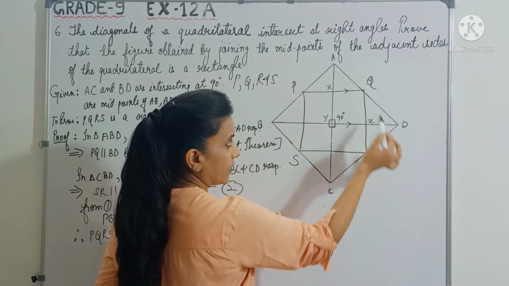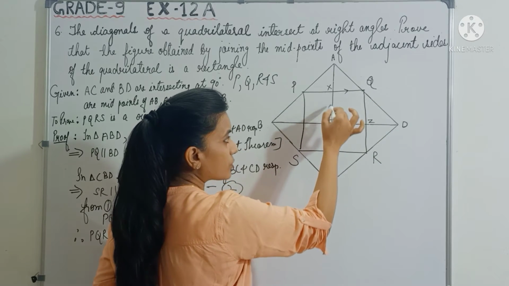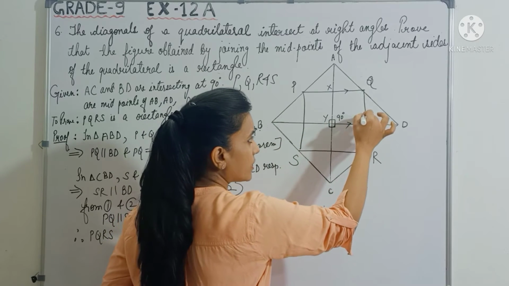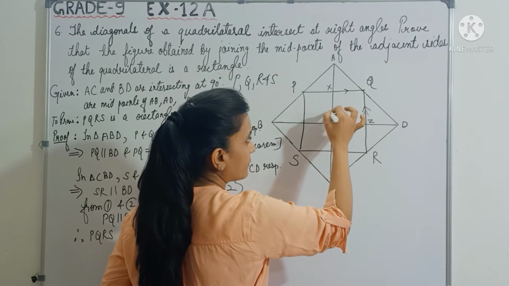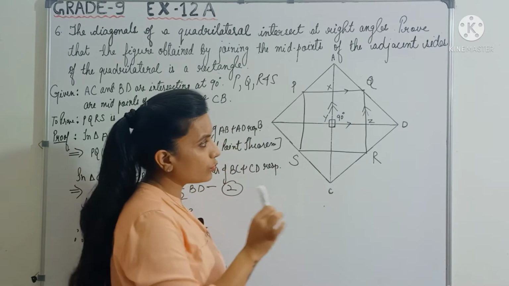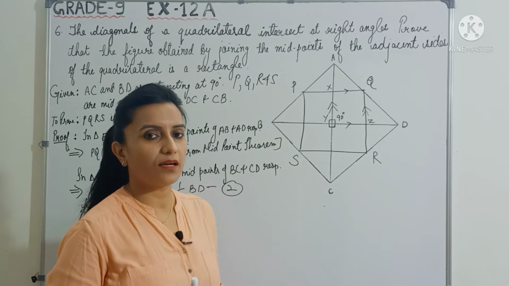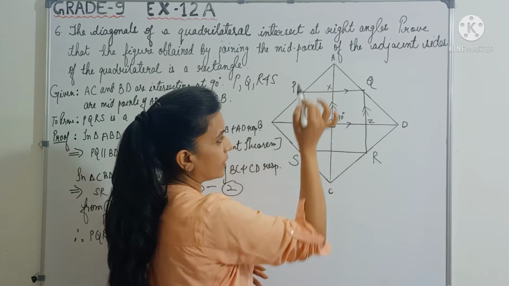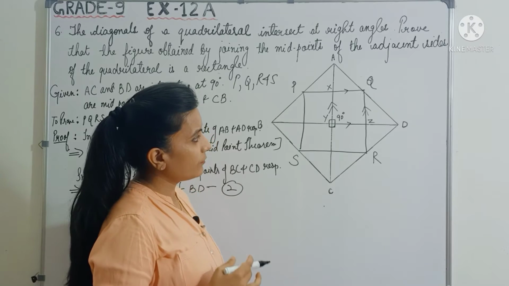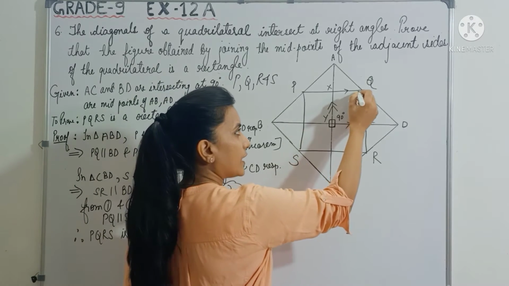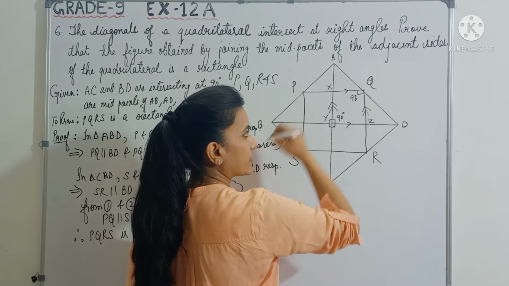So can I say that QZ will be parallel to XY, right? So here we have shown that two pairs of opposite sides are parallel. So here it becomes a parallelogram. And in a parallelogram, the opposite angles are equal. So even this angle will be 90 degrees.